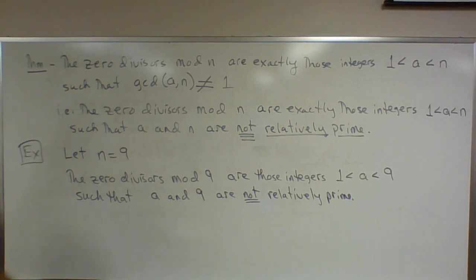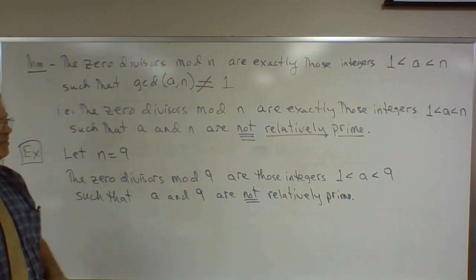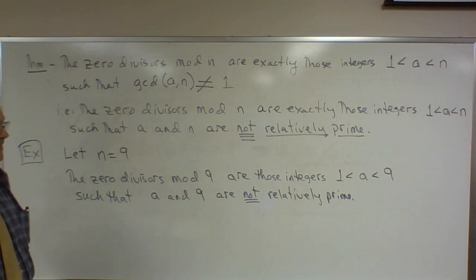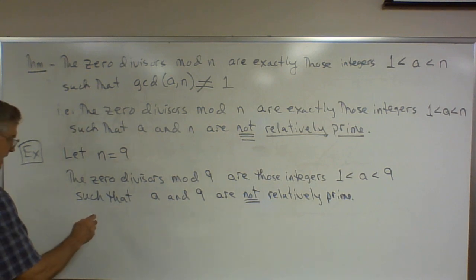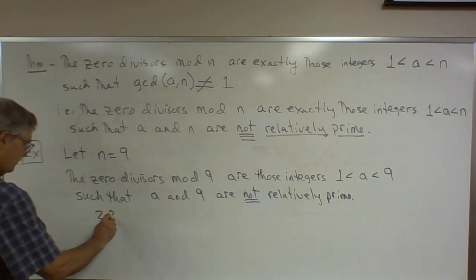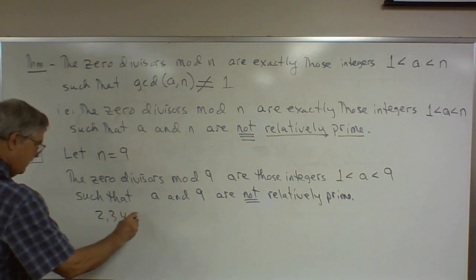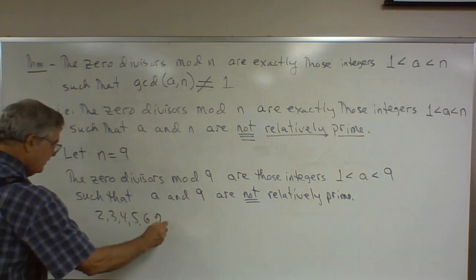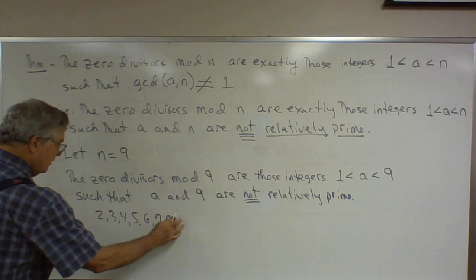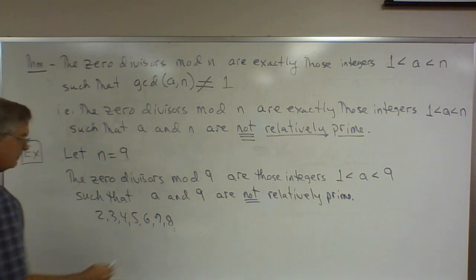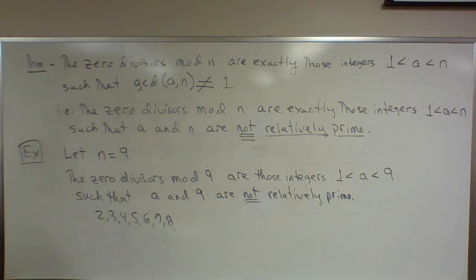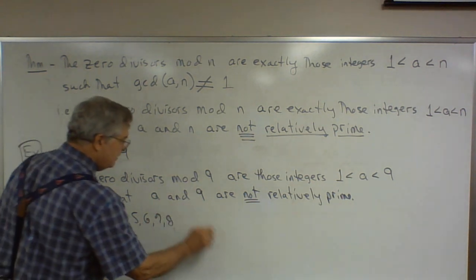So that's 2, 3, 4, 5, 6, 7, 8. Those integers between 1 and 9 that are not relatively prime with respect to 9.